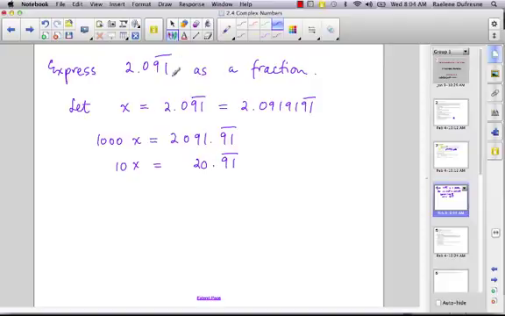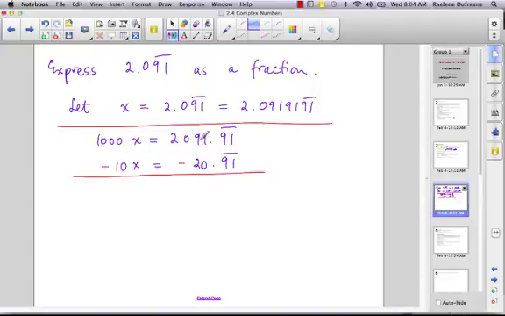So if at this stage we were to subtract the top number minus the bottom number on both sides, then we would get on the left-hand side 1000x minus 10x is 990x. And on the right-hand side, the repeating decimal part is the same, so we're left with the integer 2091 minus 20, which is 2071.